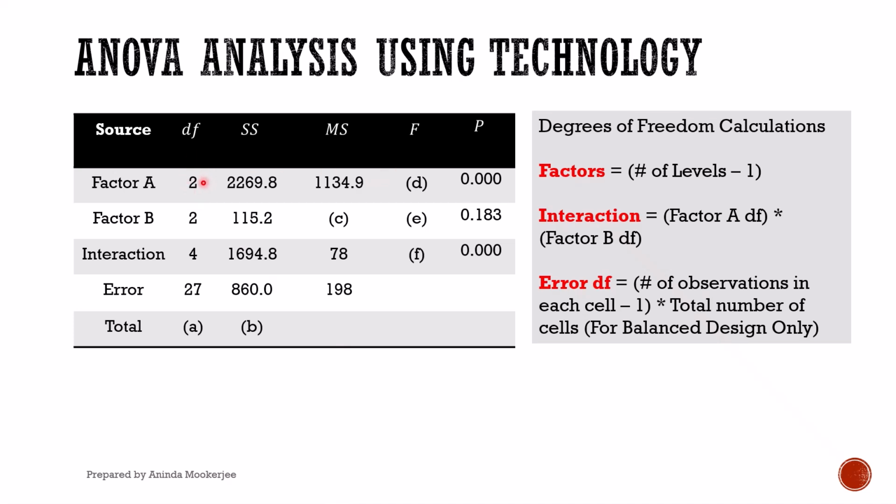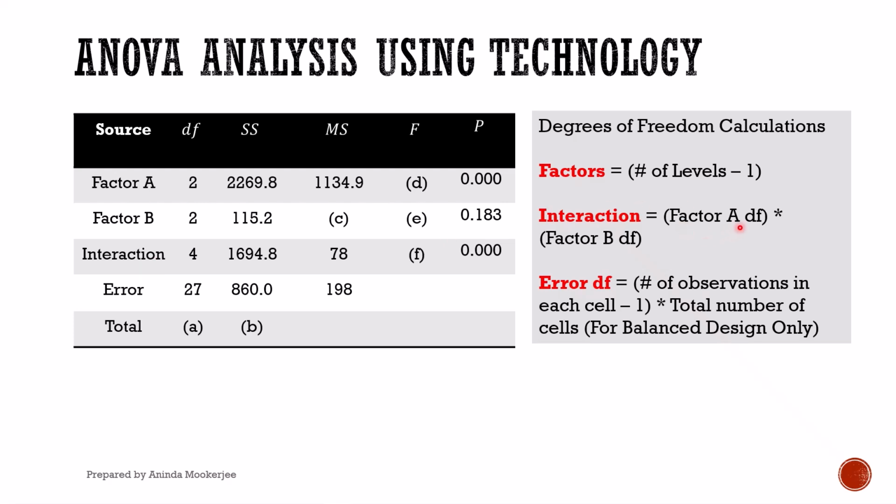So they subtracted 1 from the number of levels to get 2, meaning factor A had 3 levels. The same for factor B: the same formula, number of levels within factor B minus 1. So if the DF is 2, then the number of levels within factor B must also have been 3.